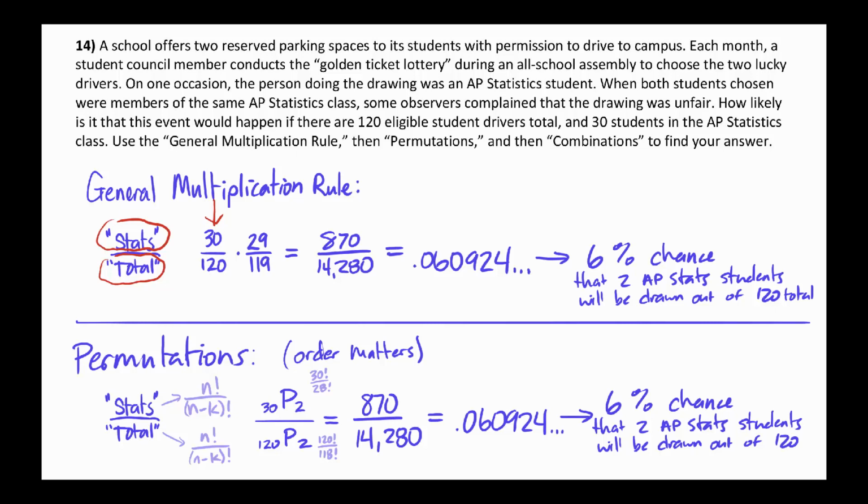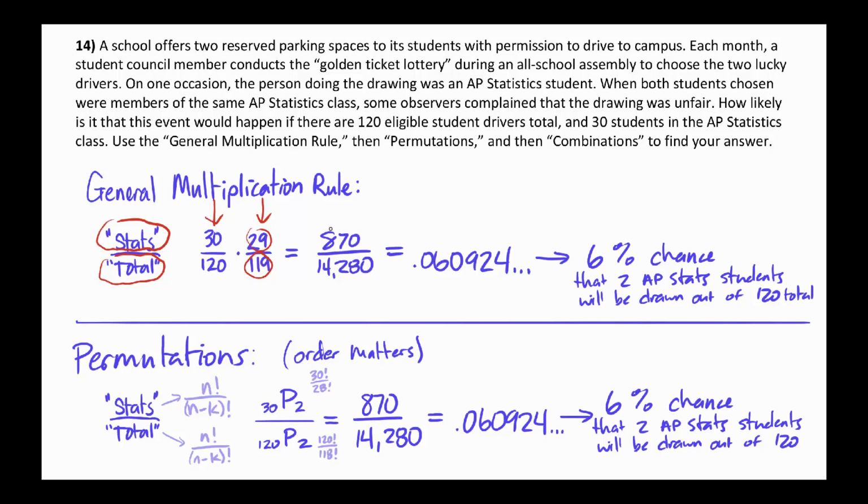But as soon as you draw that name and announce it, the odds change slightly afterwards. Think of the conditional probability we did in the last chapter. There are now only going to be 29 students left out of 119. So the odds keep getting smaller and smaller. That's a little bit of the factorial thought coming in here.